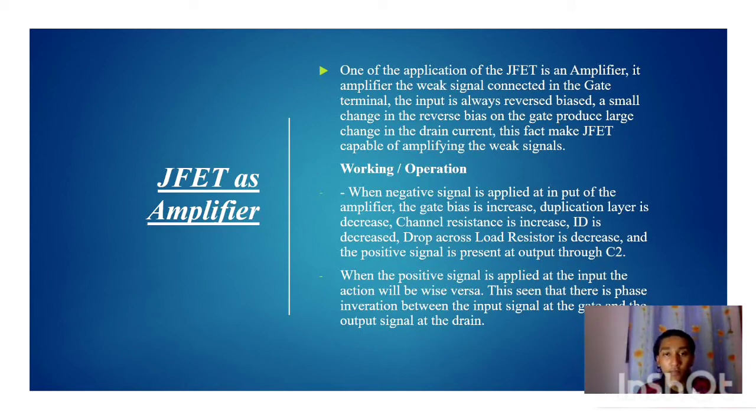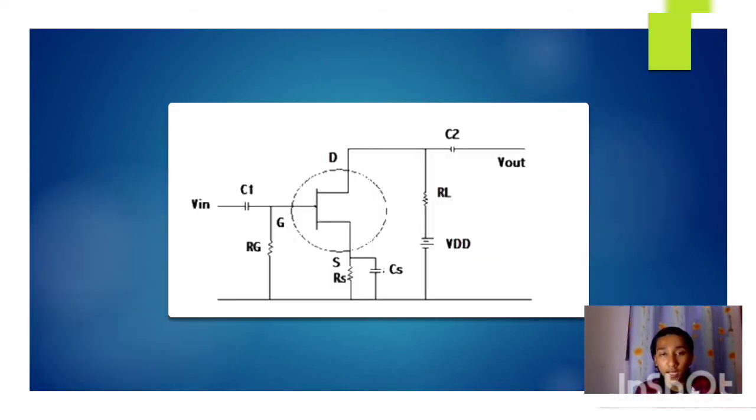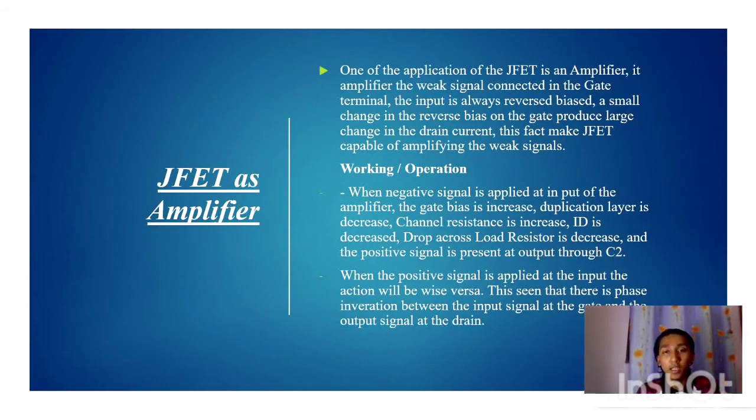Okay, ni operation dia. Sebelum saya baca operation, ni adalah litar untuk JFET. Operation dia ialah, when a negative signal is applied at the input of the amplifier, the gate bias is increased. The depletion region is increased. Channel resistance is increased. ID is decreased.